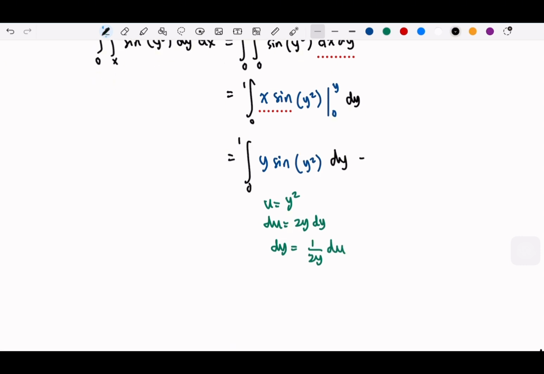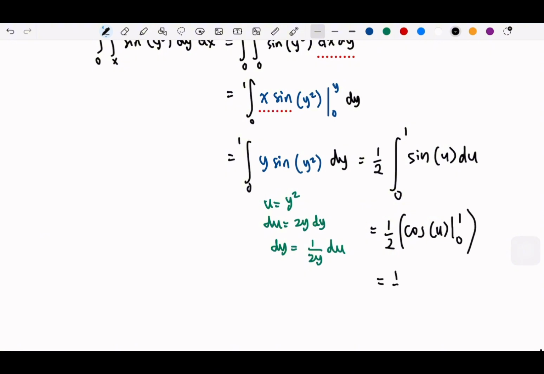And this will be half sine u du, and 0 to 1 is still the same if we square, so 0 to 1, so half of cosine u from 0 to 1, half cosine 1 minus 1.